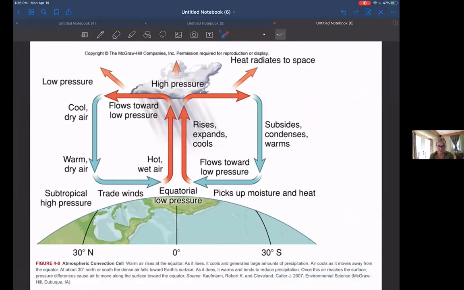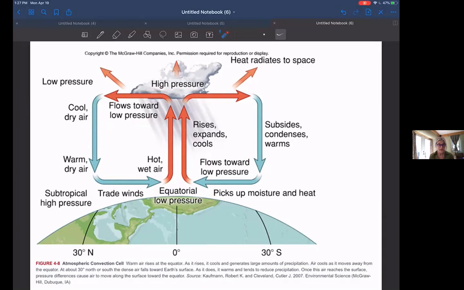So we call the equatorial place the equatorial low pressure. And as the sun heats it up, it increases the pressure. And the air flows always from a high to a low pressure. So you see that it's flowing in this direction because it flows towards the low pressure.